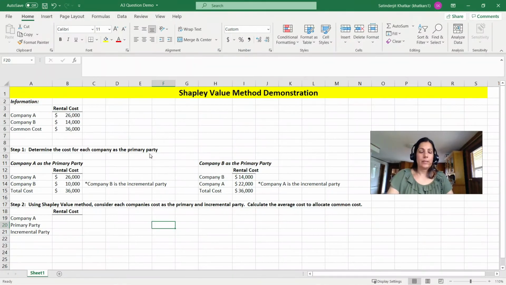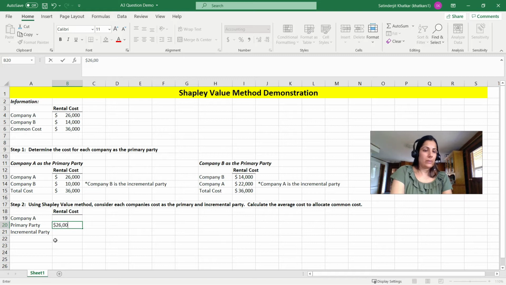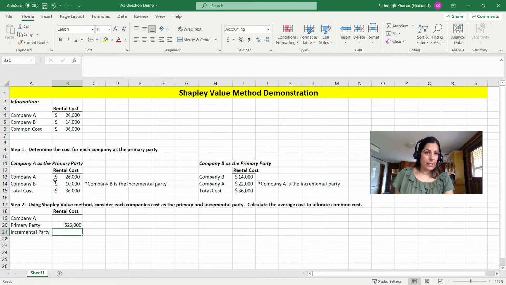Moving into step 2, we're going to use the cost calculated from step 1 for each party as a primary and incremental party and take the average. That average will be the cost to be allocated. For Company A, for example, as a primary party, they're going to be expected to pay $26,000. And then for Company A as an incremental party, they're expected to pay $22,000.